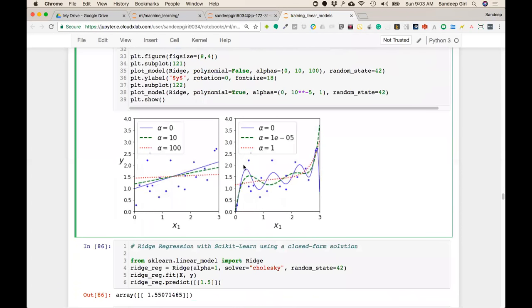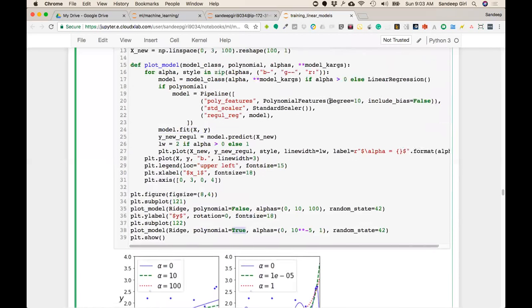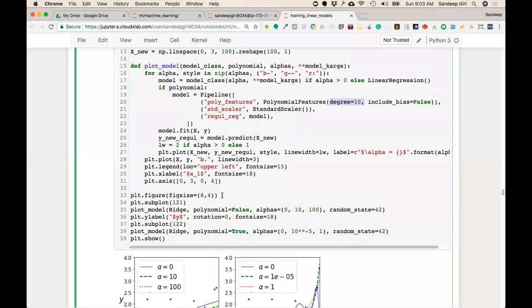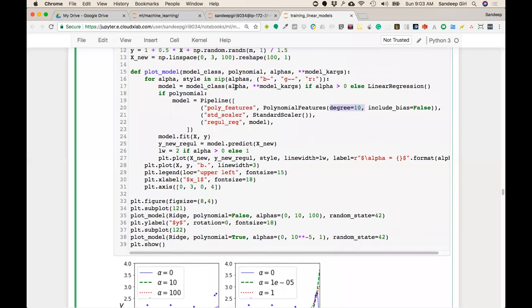For each of the values here, earlier we passed polynomial as false, and second we passed polynomial as true. That means this one is without any polynomial features, and this is basically a straight line fitting. And here the polynomial degree is 10, as you can see. Which data are we fitting? We are fitting our standard x and y.